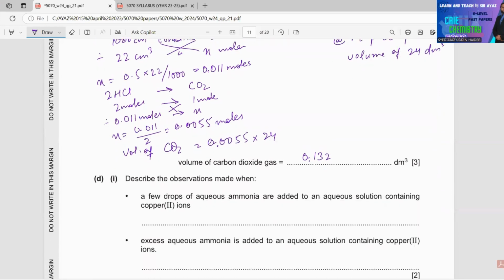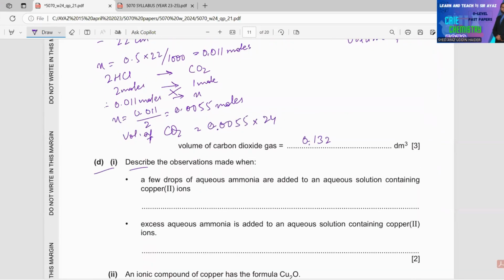D1. Describe the observations made when a few drops of aqueous ammonia are added to an aqueous solution containing copper 2 ions. We know that it produces blue precipitate. So I will write blue precipitate.